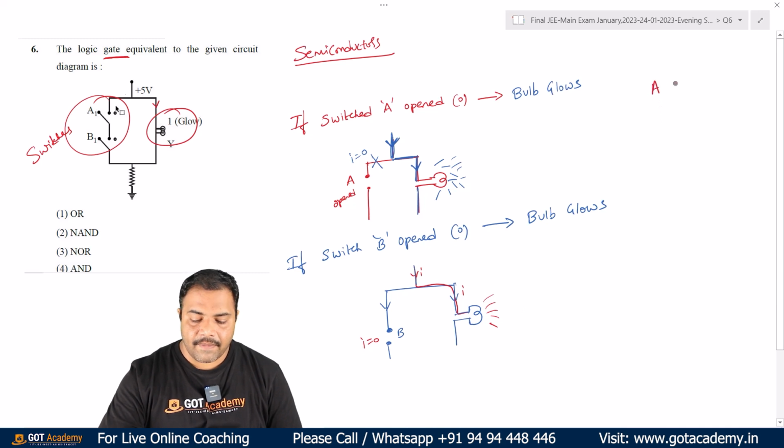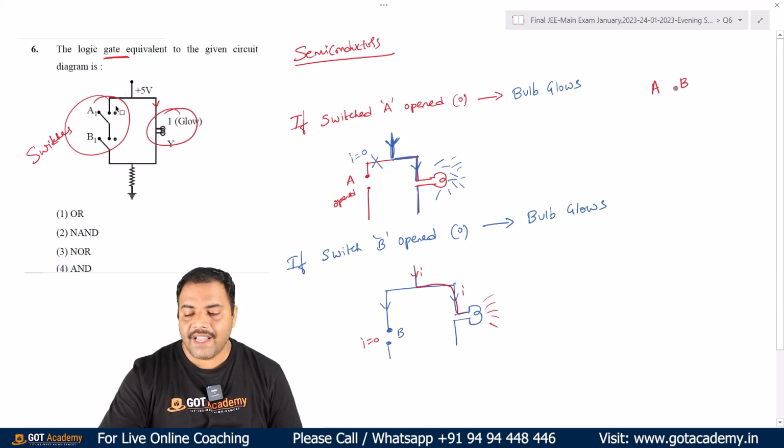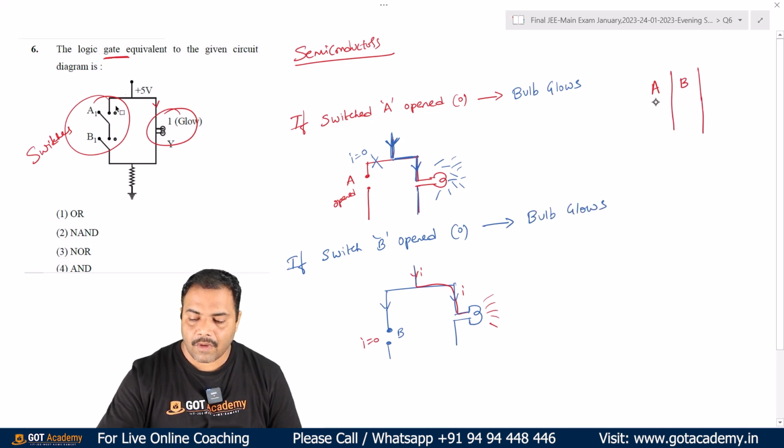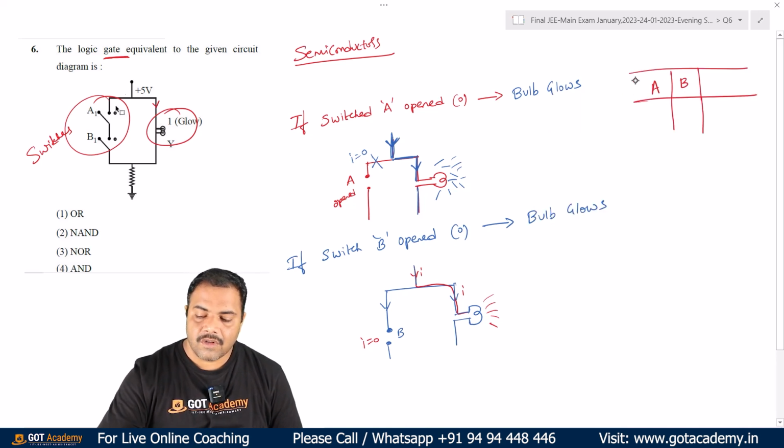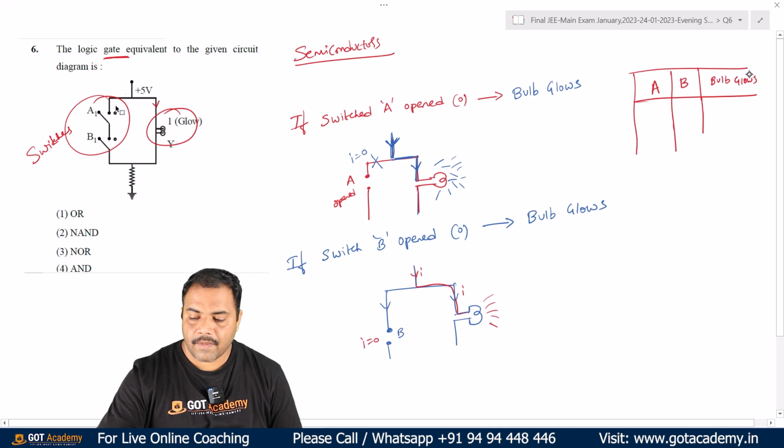A is one switch, B is the other switch. Like this. So the output is whether the bulb glows. So let me say this is the output.